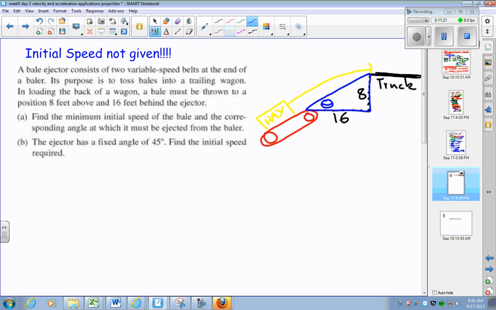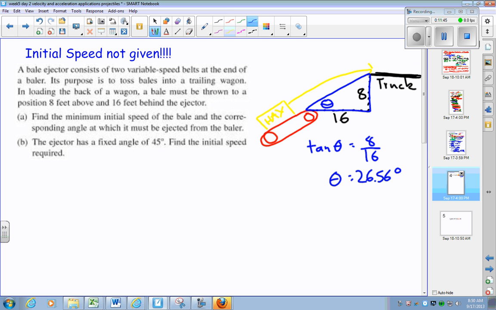Yeah, you could say tangent theta is 8 over 16. So that makes theta the inverse tangent. And let's do it in degrees because that's what you are more comfortable with. Inverse tangent of 8 over 16. That's 26.56 degrees.